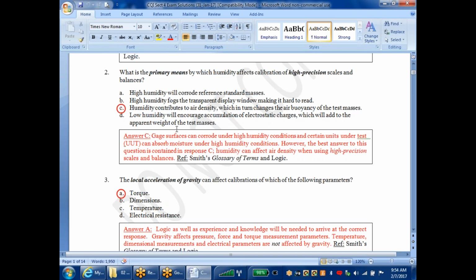Yes, high humidity will absorb some moisture, but mass takes on a whole different perspective here. This one requires a little bit of logic, a little bit of thought, but C is the correct answer we're looking for in this particular question.